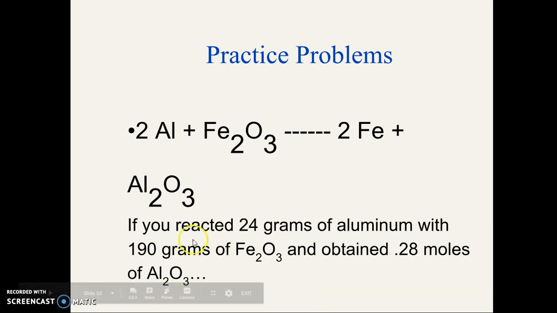And I can tell you, it's not always the one that looks like it would be, the one with the lesser amount. So even though you have 24 grams of aluminum and 190 grams of Fe2O3, the iron 3 oxide, the aluminum could be your one in excess, and the Fe2O3 could be your limiting reactant. So you actually have to go through and solve the problem. So go ahead and do these practice problems, and then we will work through more in class, and you're going to do a limiting reactant lab.